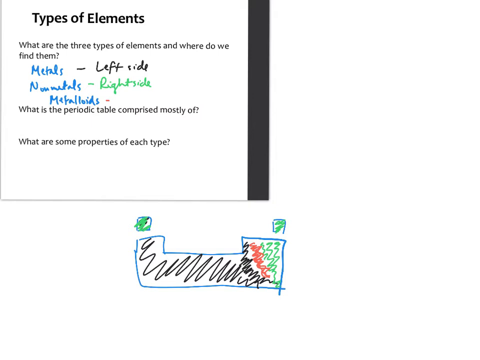The way to distinguish that is this bold staircase right here, and it's on your reference table. The ones that touch the bold staircase are considered metalloids. So they're on the right side touching the staircase.